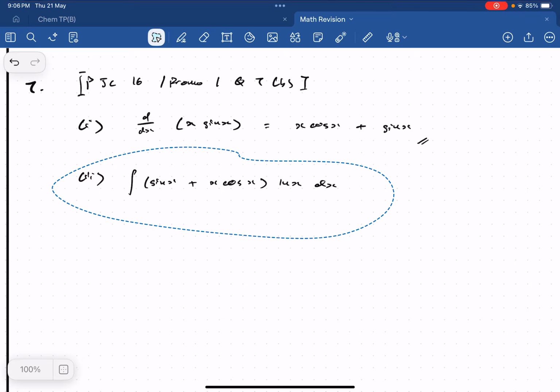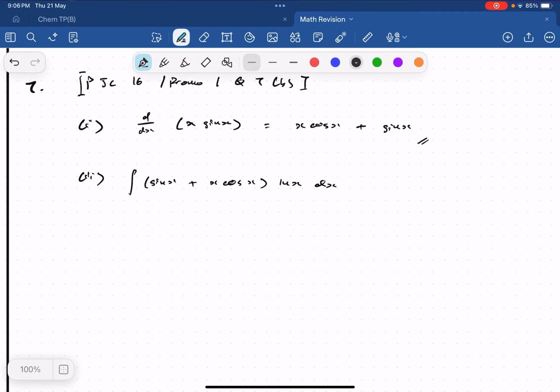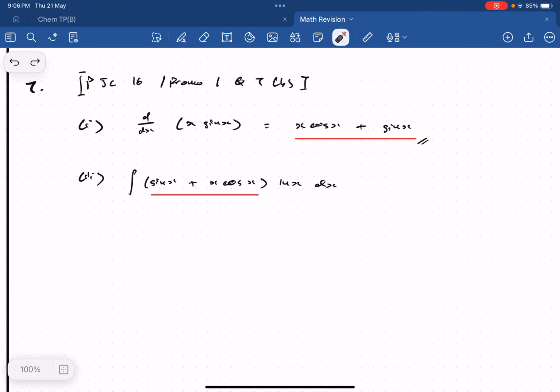Because you see, this thing here is just this thing here. So you have to think, why is it that they ask you to differentiate something to give you something, and then the something that you get from differentiating that thing ends up in an integral?